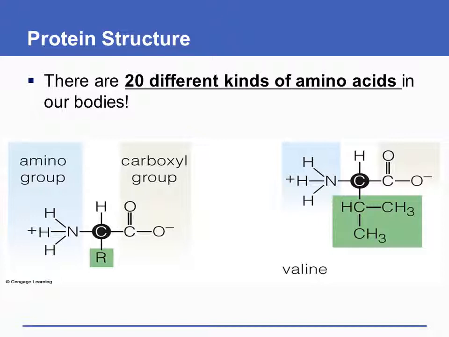There's an amino group on one side, a carboxyl group on the other side, and a hydrogen at the top. And then there's a bottom portion that's different. So for valine, that green box that you see contains the pieces of valine that make it different from all the other amino acids. I don't expect you to memorize the structures for the amino acids, but you should know that there are 20 different kinds of amino acids.